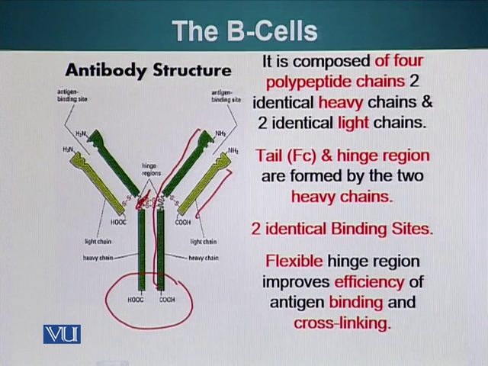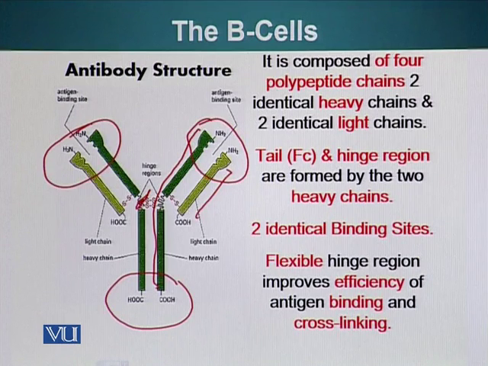This hinge region also plays a very important role in the functioning of antibody, because this makes the antibody flexible and increases the ability of the antibody to bind antigens. The 2 binding sites on the antibody are identical. Here's site number 1, here is site number 2.